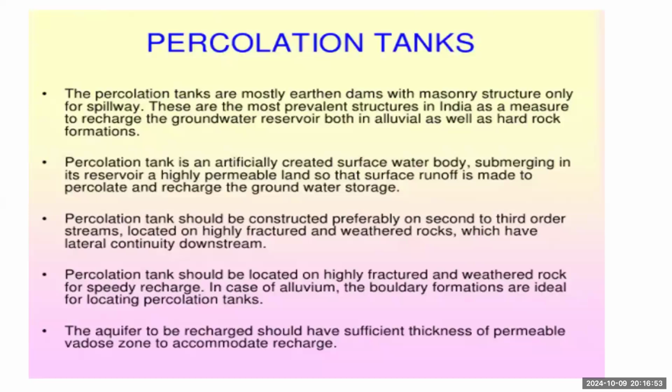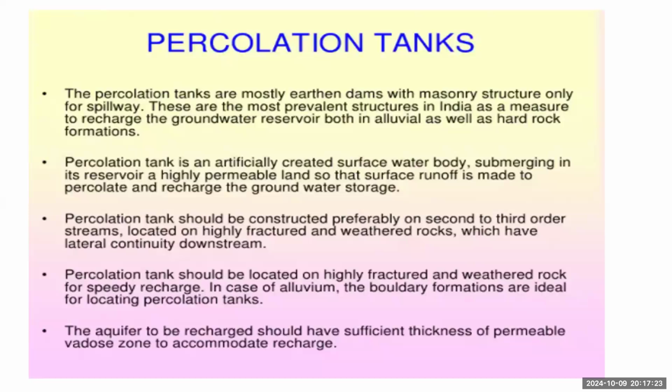The outlet provided in case of an earthen dam is generally called a waste weir. It means excess water is regulated from this waste weir to the downstream side. The water is stored on the upstream side and the excess water is regulated through this waste weir. The waste weir is nothing but an outlet to the percolation tank.